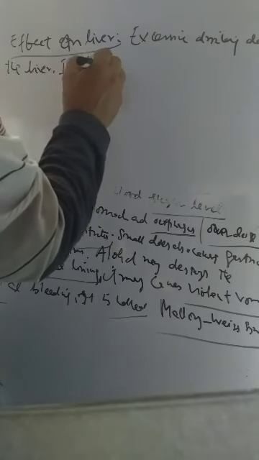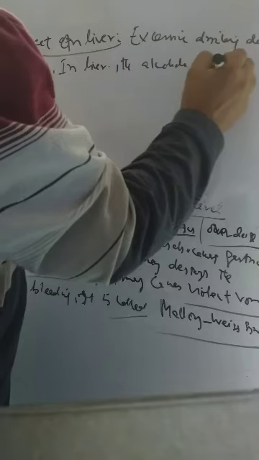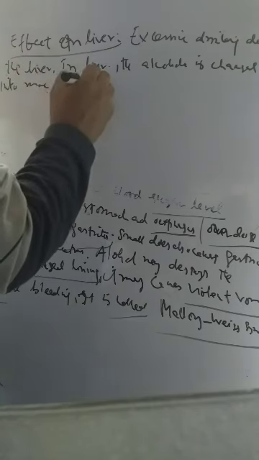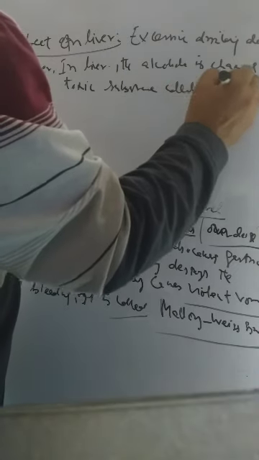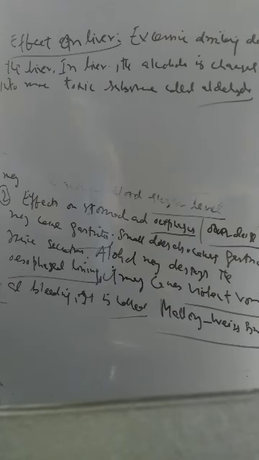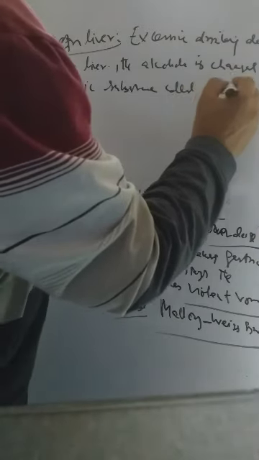Number two, in the liver the alcohol is changed into a more toxic substance called acetaldehyde.